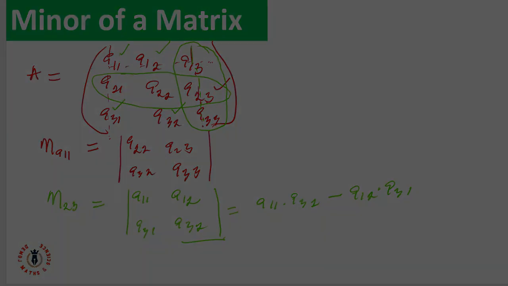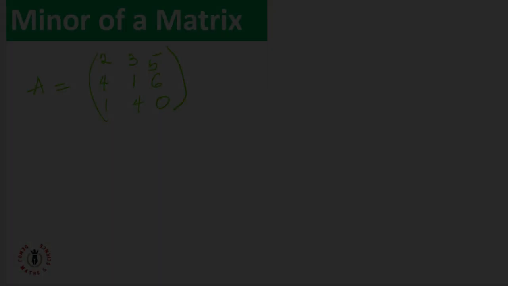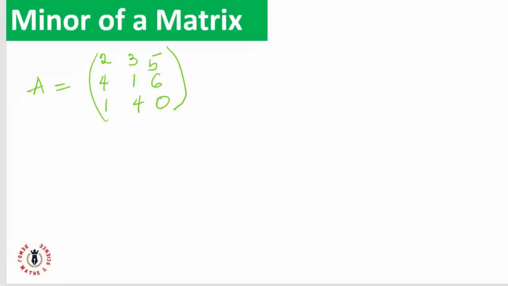Let's take a vivid example. Now, in this matrix, if I'm to look for the minor of probably the element 4 on the second row and on the first column, I remove the first column where 4 falls in, and the second row. So I have these elements outstanding.